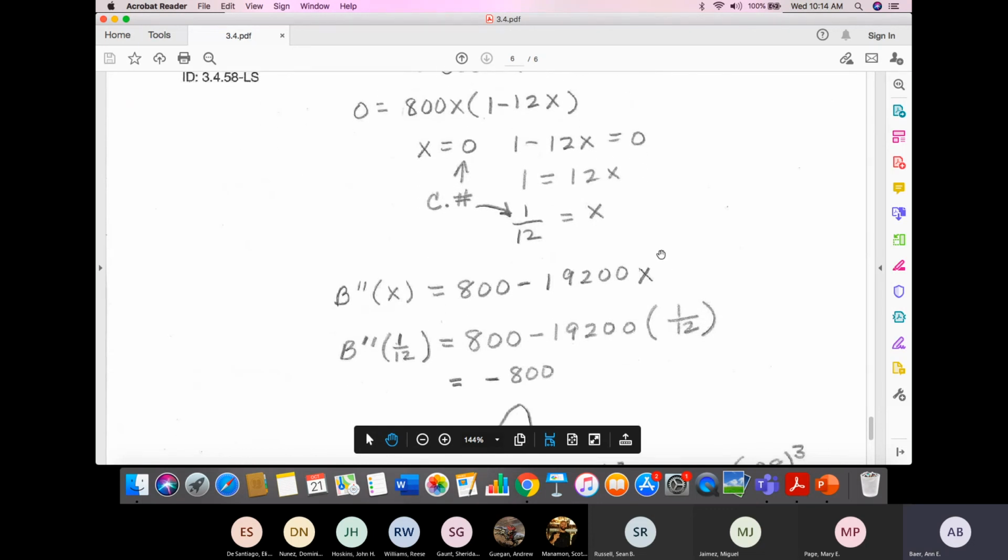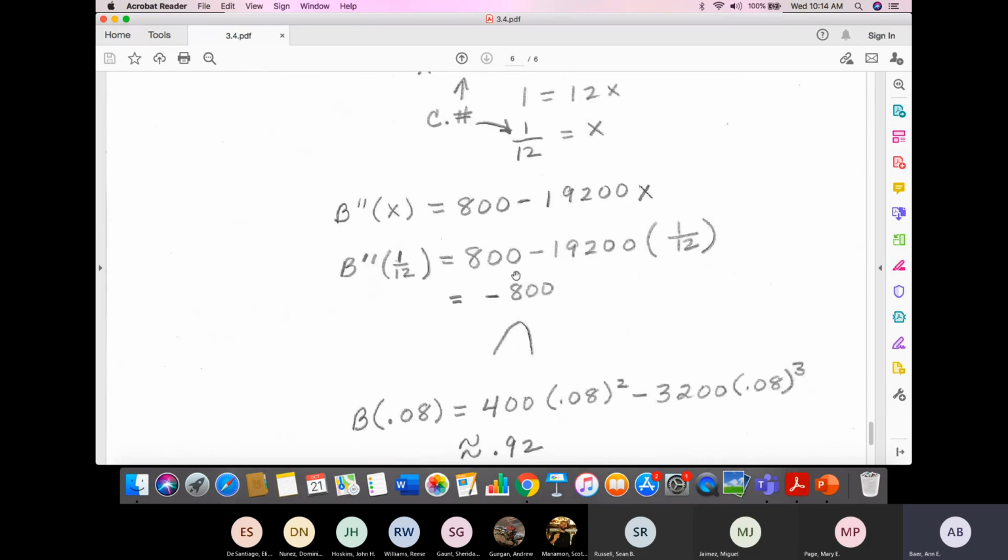Now we want to plug in our critical number. We want to know what's going on with the second derivative at our critical number 1/12. So we plug that 1/12 in here, and we get this. I put this all in my calculator, and I came up with -800.